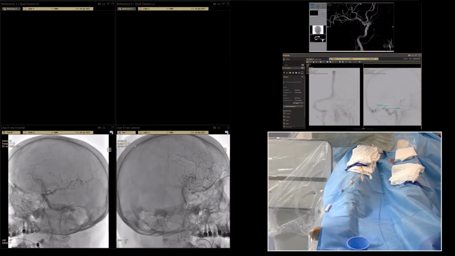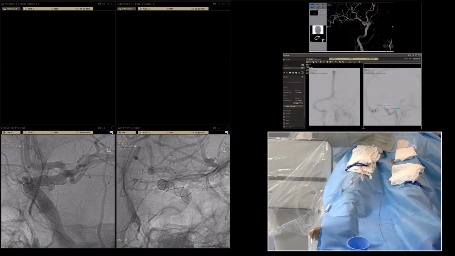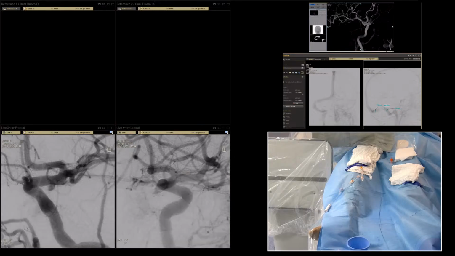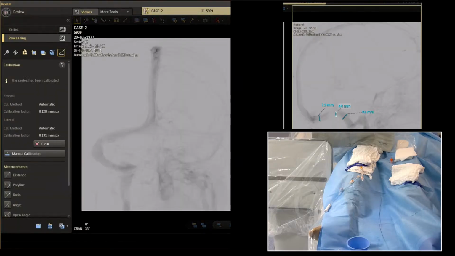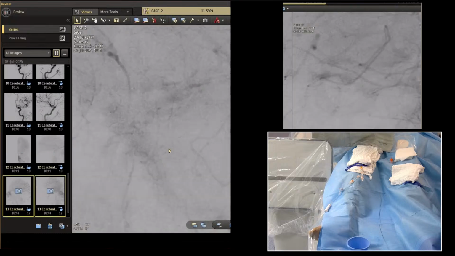Okay, let's see the stent. The stent is properly opened. Yes, on AP and on lateral, the stent is opened and it covers the aneurysmal segment. It's good. Yes, and now we need to see the venous phase.